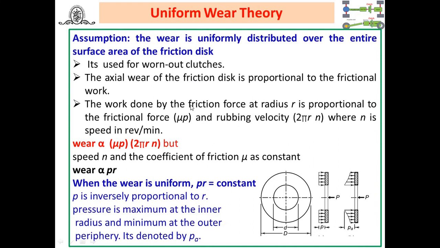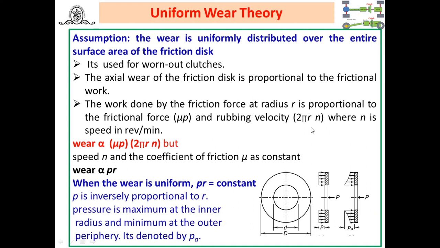The axial wear of the friction disc is proportional to the frictional work. So the frictional work during engagement is equal to the axial wear of the friction disc. Therefore, work done by the friction force at a radius r is proportional to the frictional force and the rubbing velocity between the contacting surfaces.